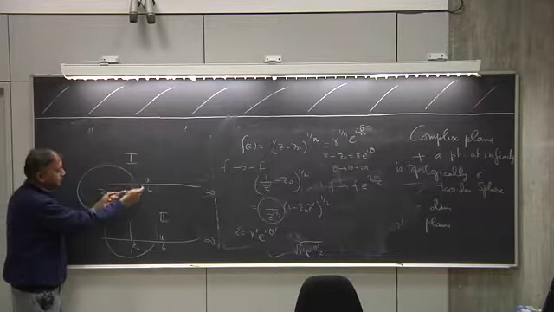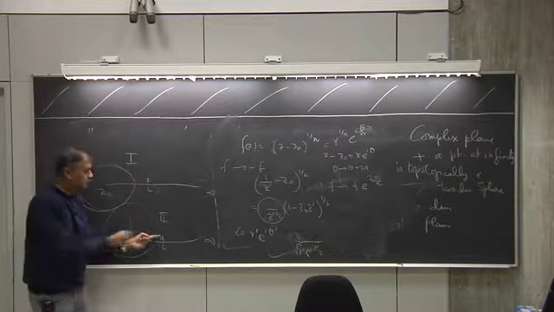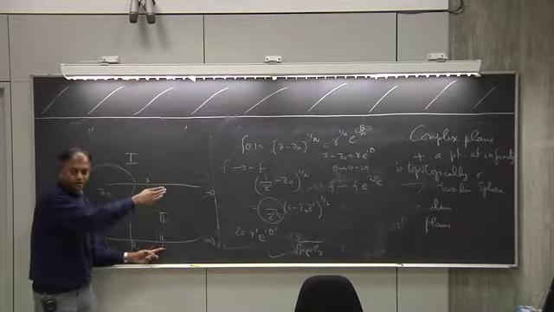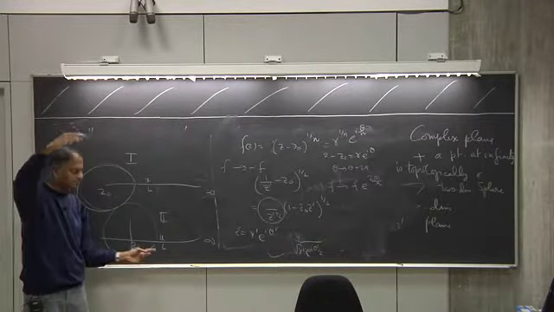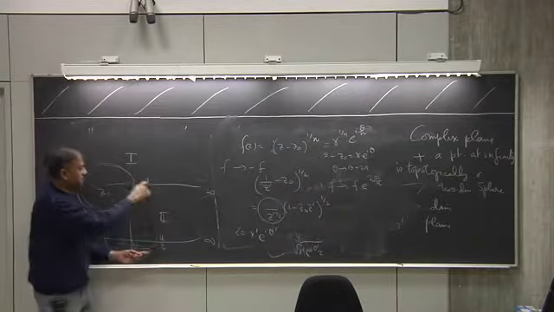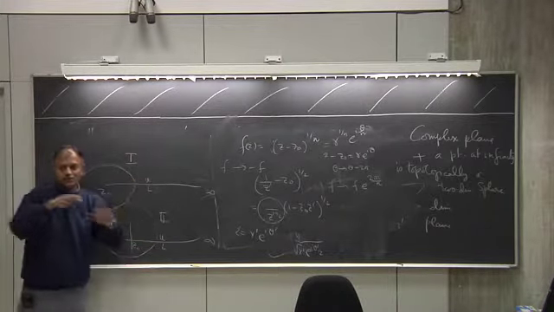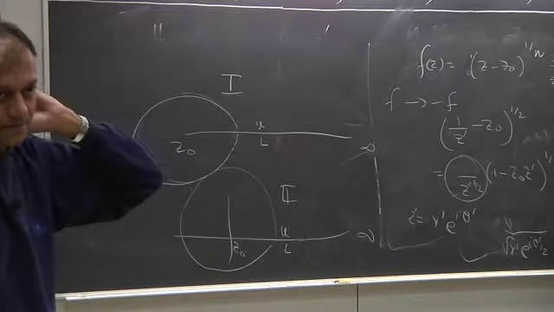The lower boundary of the first sheet will be glued to the upper boundary of the second sheet, the lower boundary of the second sheet to the upper boundary of the third sheet, and so on. You keep going until the lower boundary of the last sheet is glued to the upper boundary of the first sheet. And on this big space, such functions are single valued.